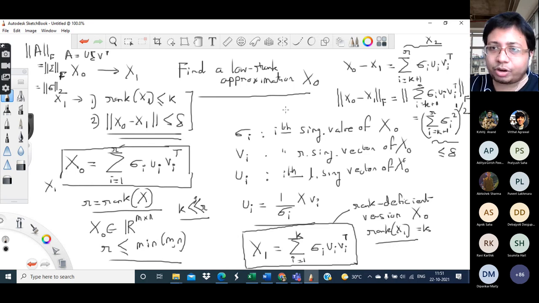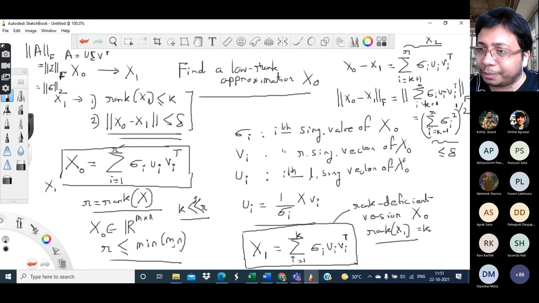If not, then I will not get this particular low rank approximation. That is to say, if I am supplying this delta from outside, I may not be able to find it. Then the question is, will I be able to find x1 which satisfies this criterion?